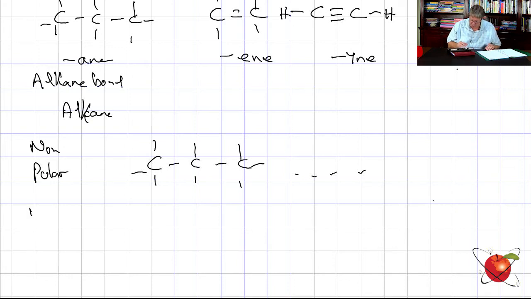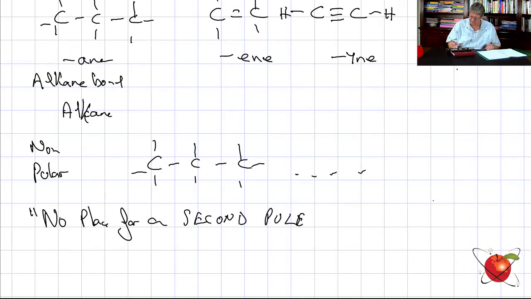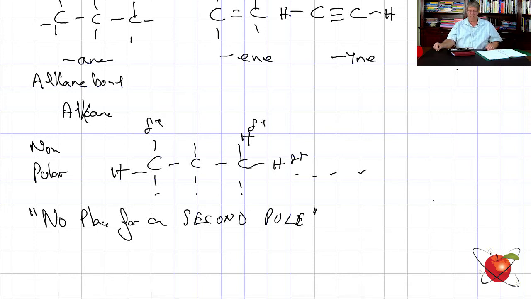Because there's no place for a second pole. These are hydrogens over here, so let's say they're all pluses. Therefore, there's no place for a second pole. There isn't a negative bit.